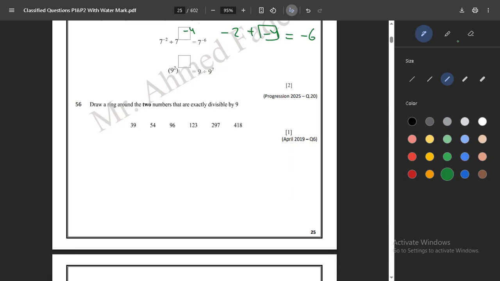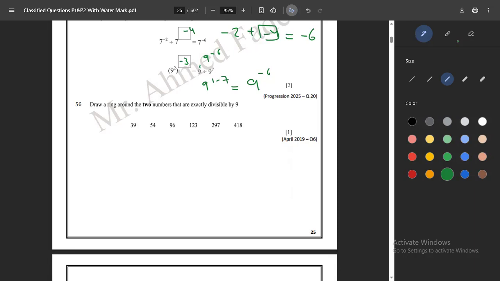So here, 9 to the power of 1 divided by 9 to the power of 7 is equal to 9 to the power of 1 minus 7. We agreed in division, we subtract the powers, so equal to 9 to the power of negative 6. So here, this is 9 to the power of negative 6. 9 to the power of 2 to the power of what is equal to 9 to the power of negative 6. 2 times what is the same as negative 6? 2 times negative 3 will give me the same answer as this, which is 9 to the power of negative 6.